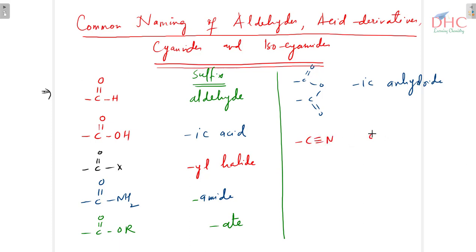Its name is O nitrile. The suffix is O nitrile. Then we have one more category, that is NC. This is the isocyanide. We name it as O isonitrile.